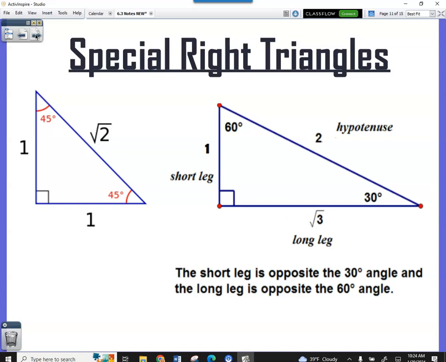And then we noticed the chart. So the sine of 45 would be opposite over hypotenuse, rationalized, so root 2 over 2. The cosine of 45 is also root 2 over 2 because it's an isosceles triangle. The tan of 45 is 1 because 1 divided by 1 is 1.